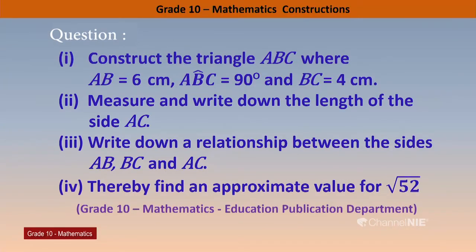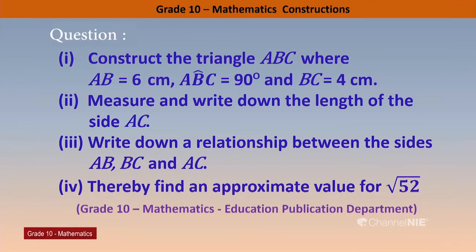Next, you have to measure and write down the length of AC. Roman number 3, write down the relationship between the sides AB, BC and AC. Thereby, find an approximate value for square root 52.